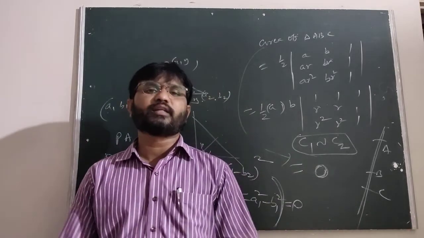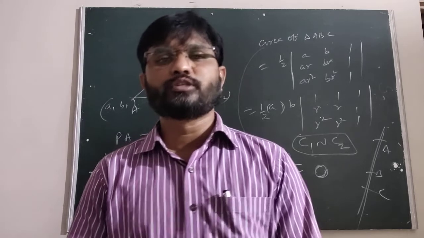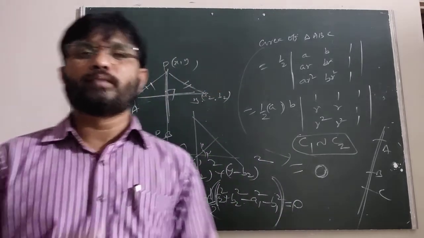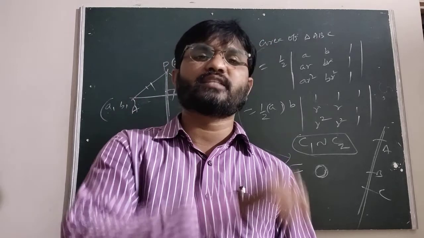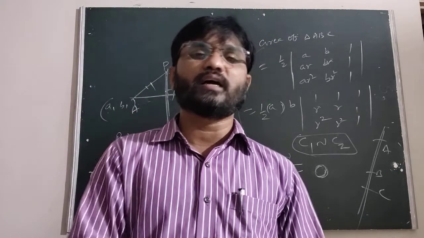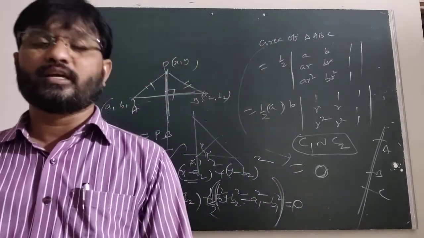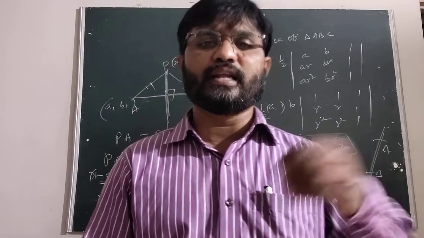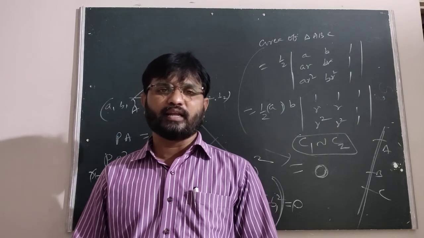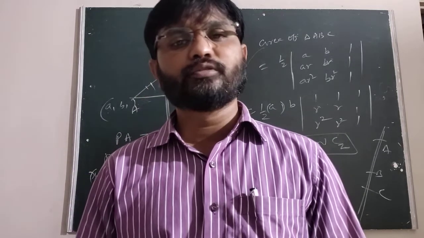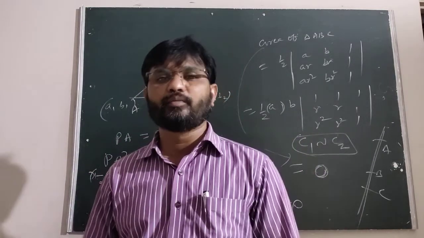How to find the acute and obtuse? When a1a2 + b1b2 is greater than 0, the minus sign indicates the acute and the plus sign indicates the obtuse bisector. If a1a2 + b1b2 is less than 0, plus is the acute bisector of the angle between the lines, and minus is the obtuse bisector.